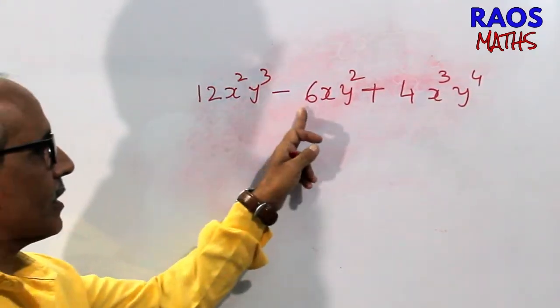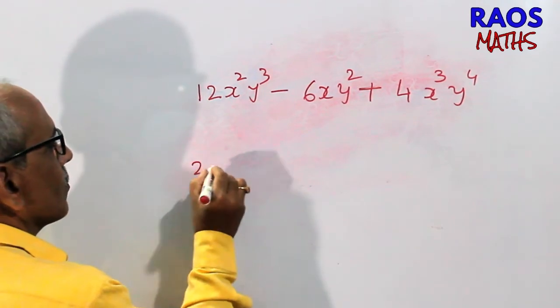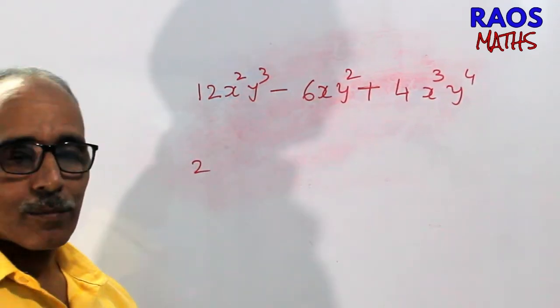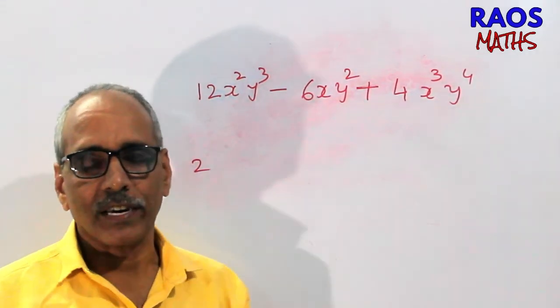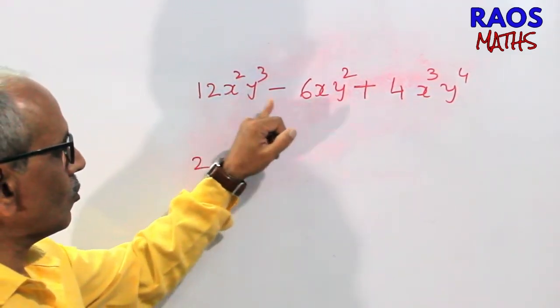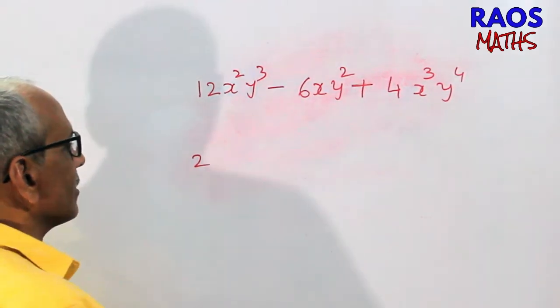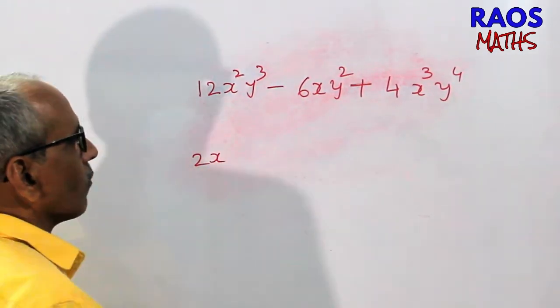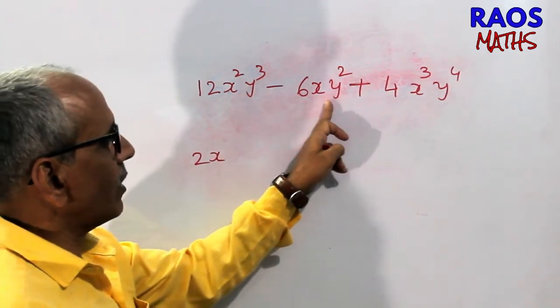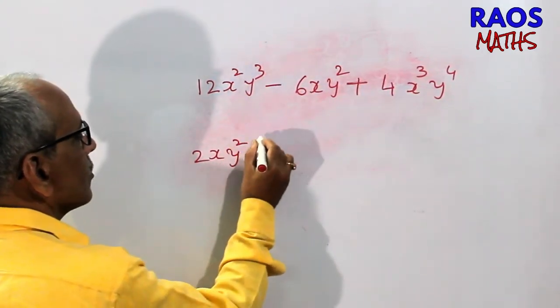Okay, for 12, 6 and 4, the common factor is 2. And let's see the variables. We have 2 variables which are x and y. What is the least power of x? Here the power is 2, it is 1, it is 3. So the least power of x is the common factor. And for y cube, y square, y power 4, I take y square as the common factor. So this is the HCF.